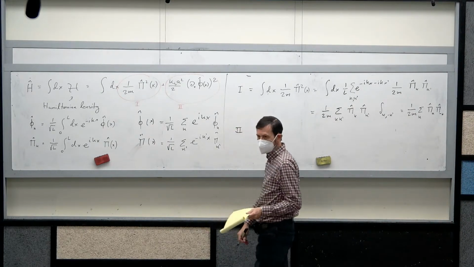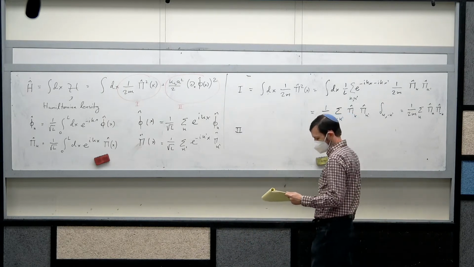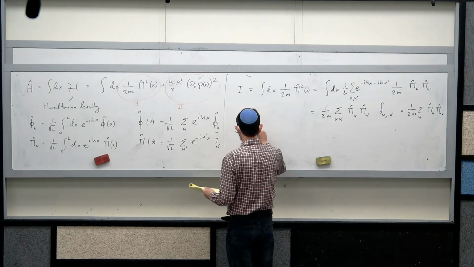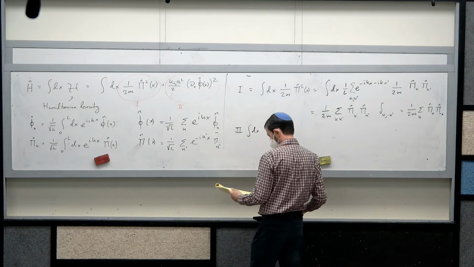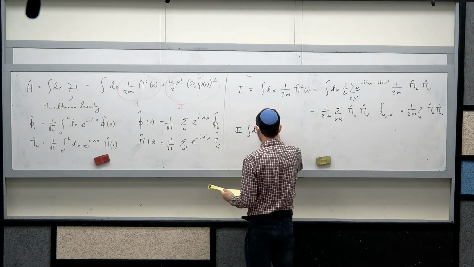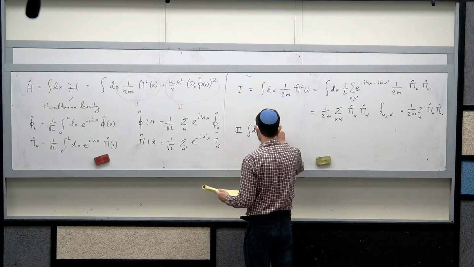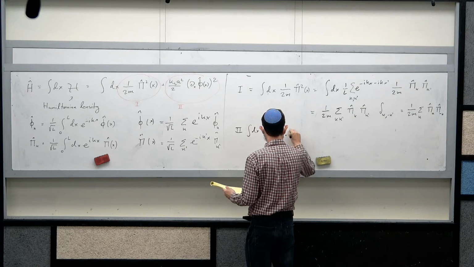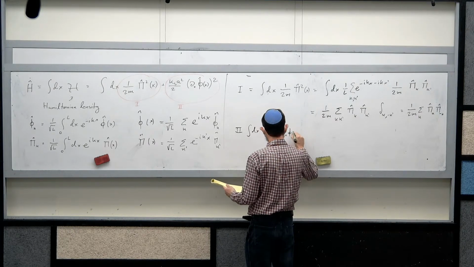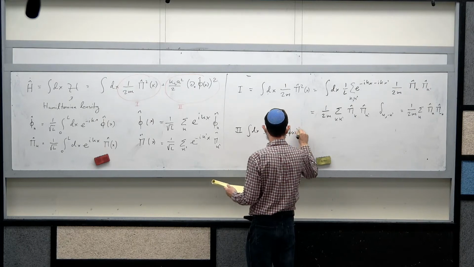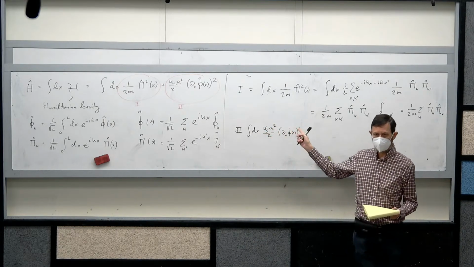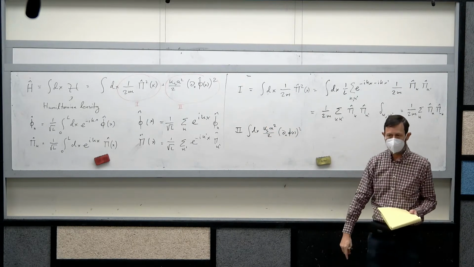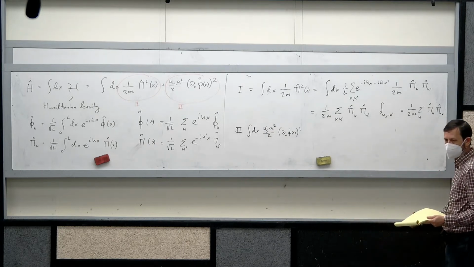Second term. Just note, this is not the k of the Fourier transform, that's why it's denoted ks. Just don't get confused.